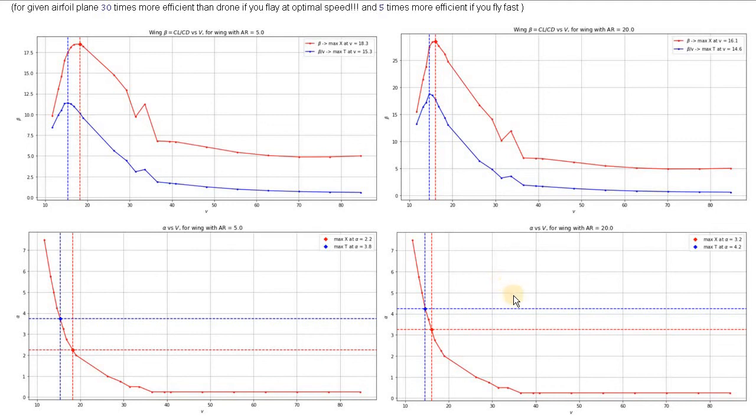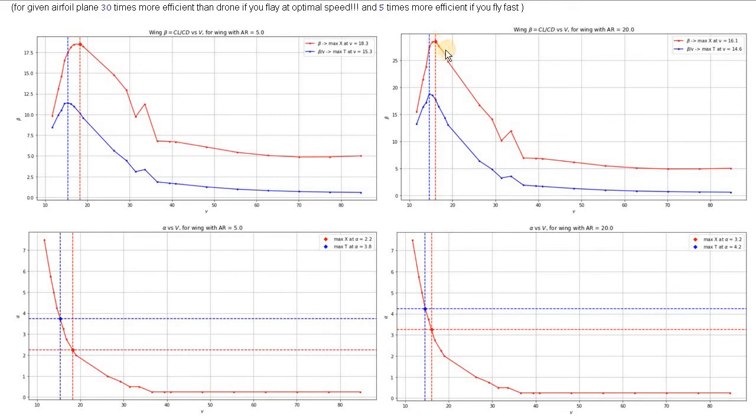But there is also something else. If you look at the efficiency beta, so it's lift coefficient divided by the drag coefficient, we know that for the long wing we have efficiency approximately 28. So the lift coefficient is 28 times higher than the drag coefficient. Whereas for the shorter wing we have a smaller number, approximately 18.